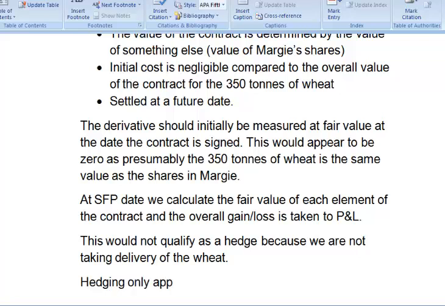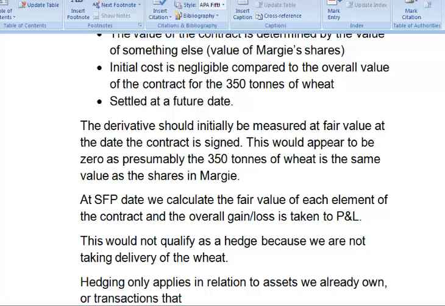Hedging only applies in relation to assets we already own or transactions that are highly probable.